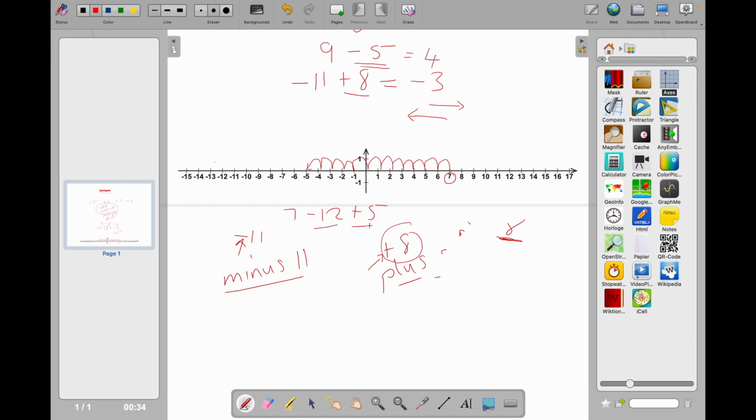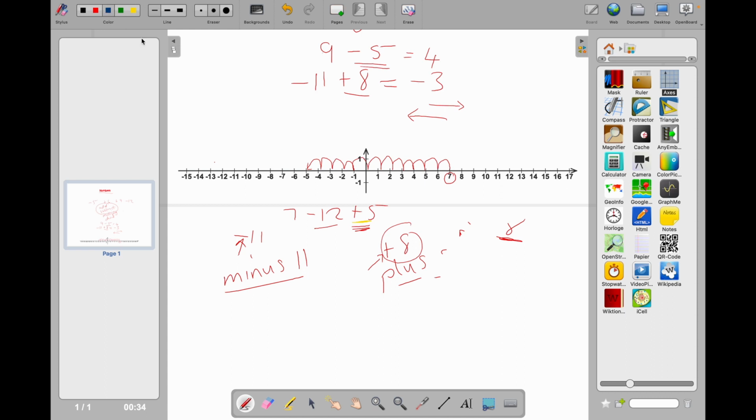But we are not done. We also have plus 5. Let's change color to make it clear. Let's put maybe yellow. This one is not very clear, so let's change.